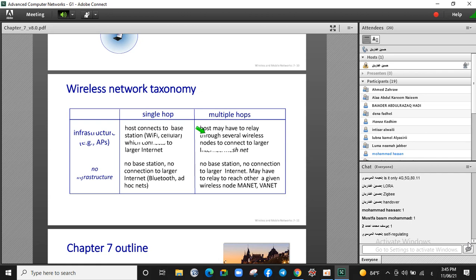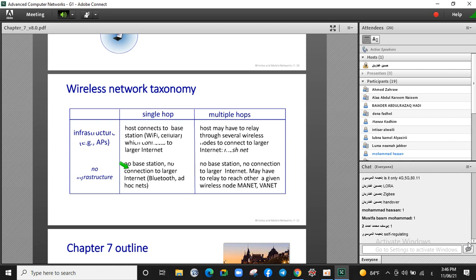And in a mesh network, we have an infrastructure, and the network is a multi-hop network. And sometimes we have no infrastructure, such as Bluetooth. In Bluetooth, we have no infrastructure, and all the communications are single hop communications.